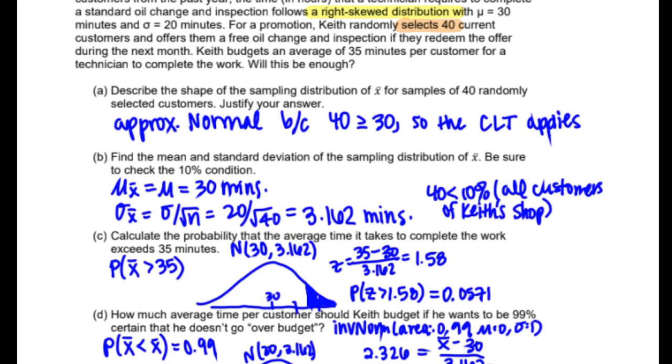So it doesn't matter what the population distribution is if your sample is at least 30, or large enough, basically, for the sampling distribution to become approximately normal. And that's what the idea was behind the central limit theorem worksheet that you guys worked through.